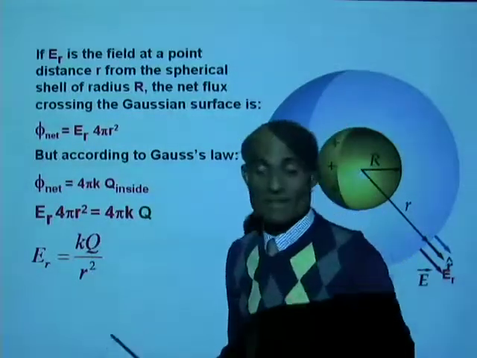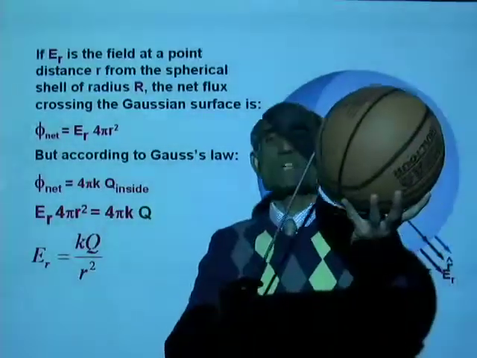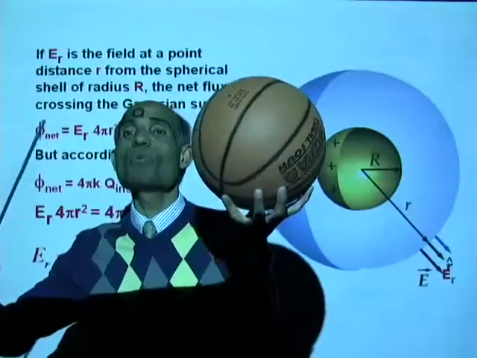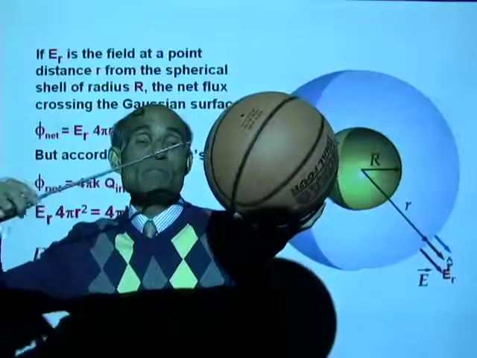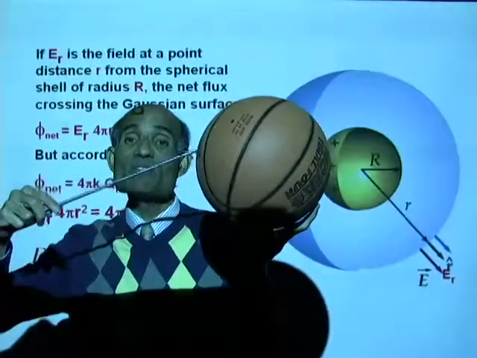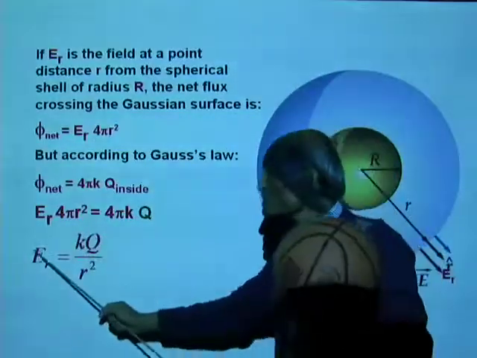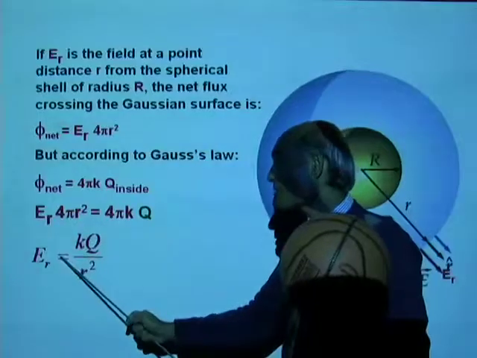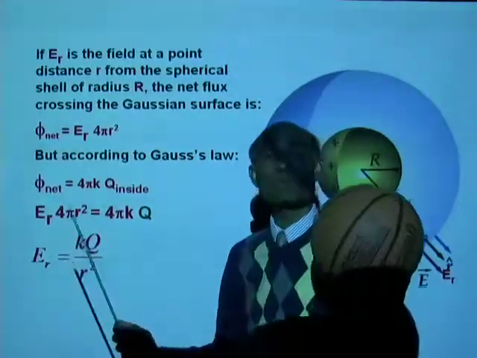Isn't it interesting? In other words, when you charge a spherical shell, if you want to find the electric field at any point outside it, the charge on this behaves as though it is a point charge. Isn't this the point charge equation we had derived some time ago? Electric field at a point E equals k Q over R squared.